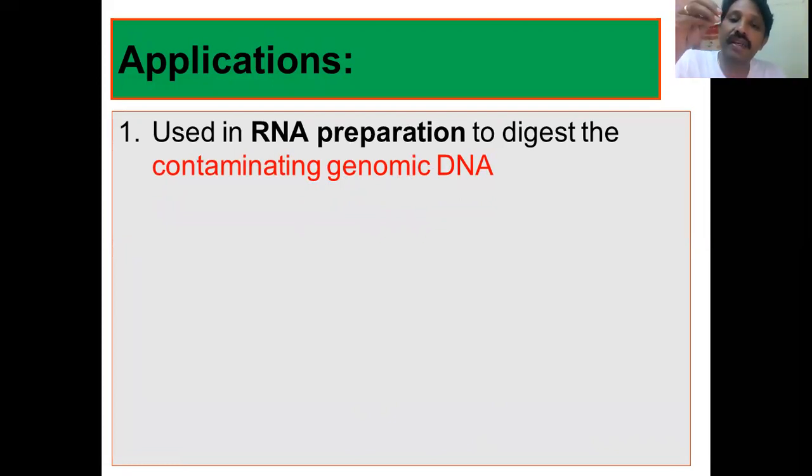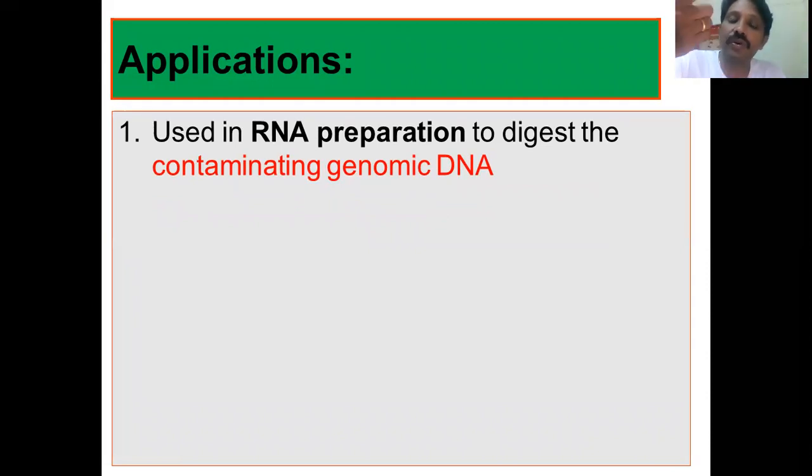When DNA is present in the RNA, it is not suitable for many downstream applications, such as real-time PCR, where you want to characterize the gene expression of a particular gene. So this genomic DNA will have an impact on that, right?